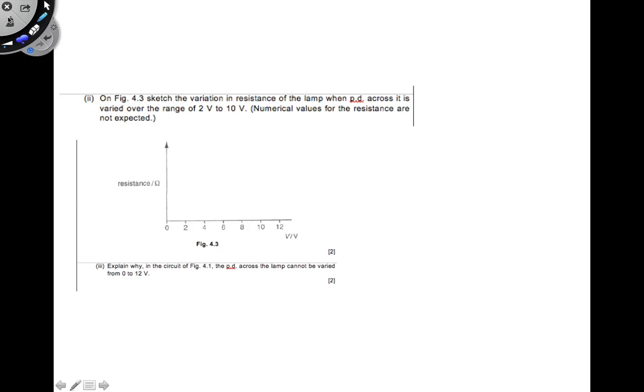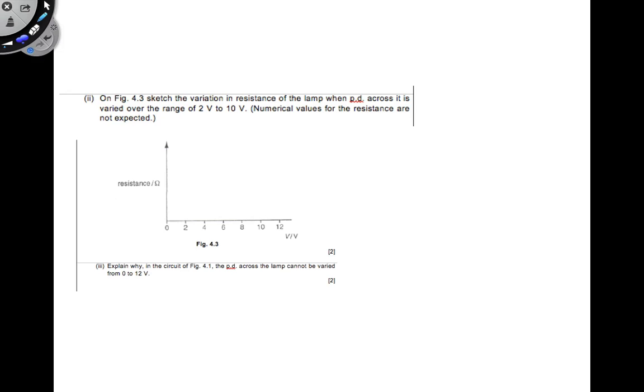Let's move on to the next part. On figure 4.3, sketch the variation in resistance of the lamp when the PD across it is varied over the range of 2 to 10 volts. Numerical values of the resistance are not required. So how would you expect to draw this?